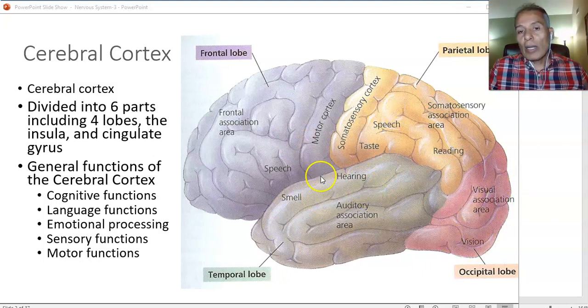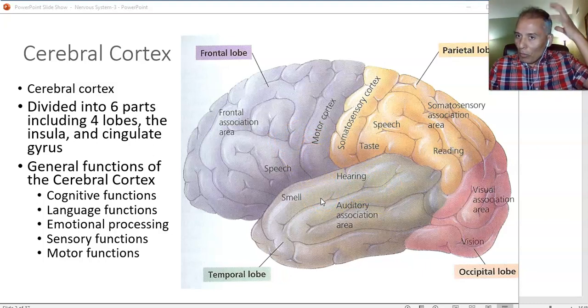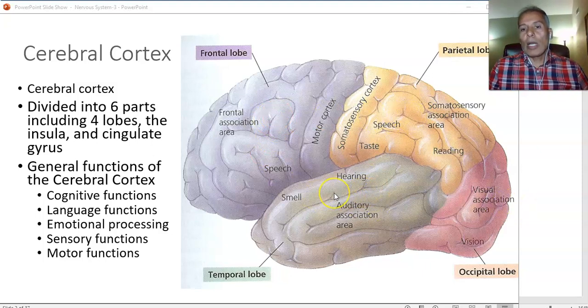All of these are named after the pieces of the skull that cover them: the frontal bone, parietal bone, occipital bone, and temporal bone. You can also name each part simply as cortex: frontal cortex, temporal cortex, parietal cortex, and visual cortex, the occipital cortex.